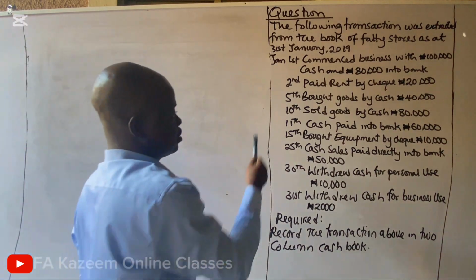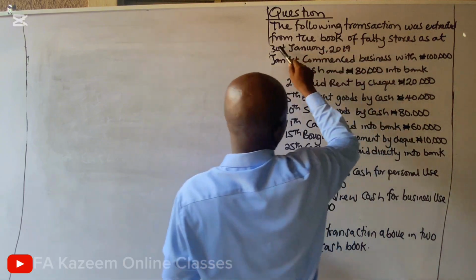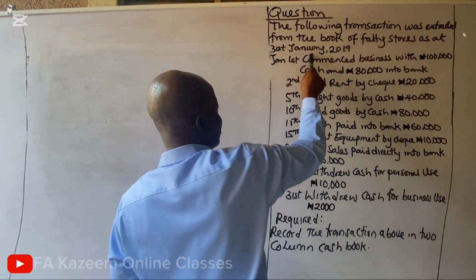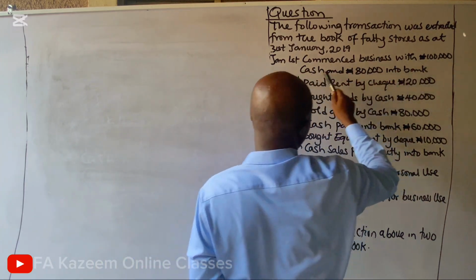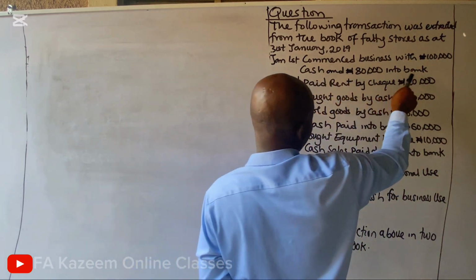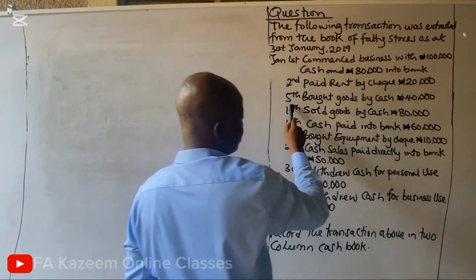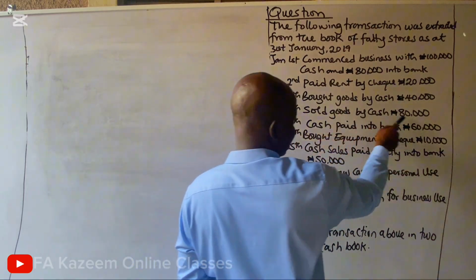This is the question. The following transactions were extracted from the books of Party Store as at 31st January 2019. January 1st, commenced business with 100,000 cash and 80,000 in the bank. On the 2nd, paid rent by cash. On the 5th, bought goods by cash. On the 10th, sold goods by cash.